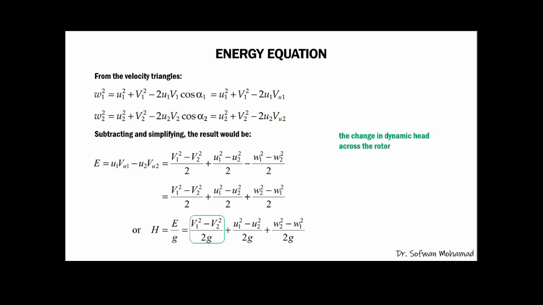Its value could be considerable, as in the case of impulse turbine. The major contribution for impulse turbine is this term, but in reaction turbine we also have other terms.